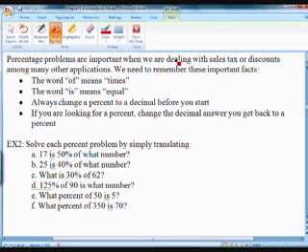Because they make it sound so great. Hey, low percentage rate, this and that and the other. And what you might as well do with some of these credit card companies is say, well, let me just take all the money I have and just send it to you now, because that's what's going to happen in the end. So watch this. You know, get a good solid foundation in math to where you know a little bit about it, so you don't get ripped off the rest of your life.